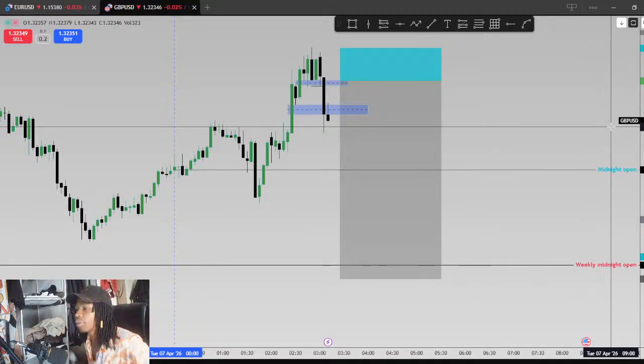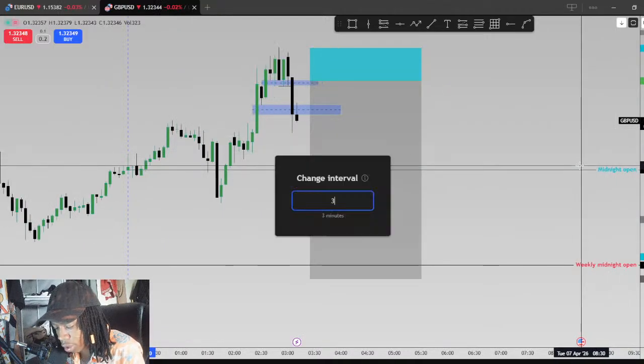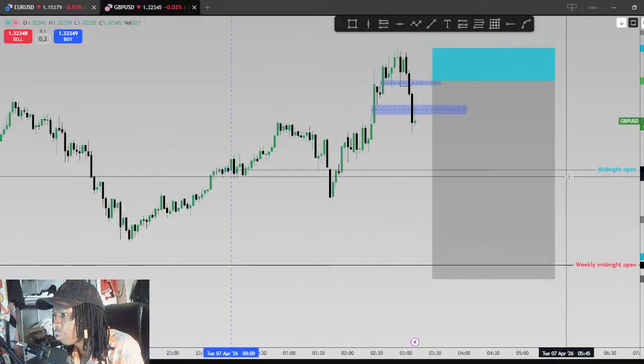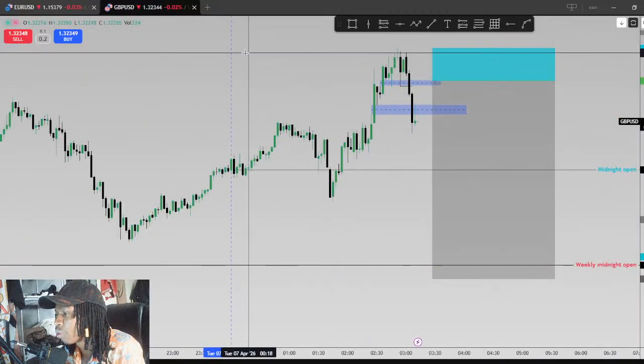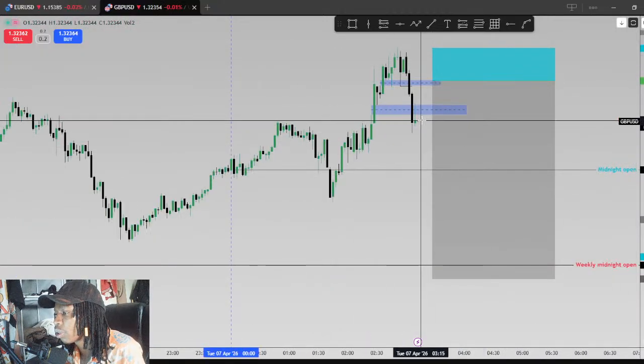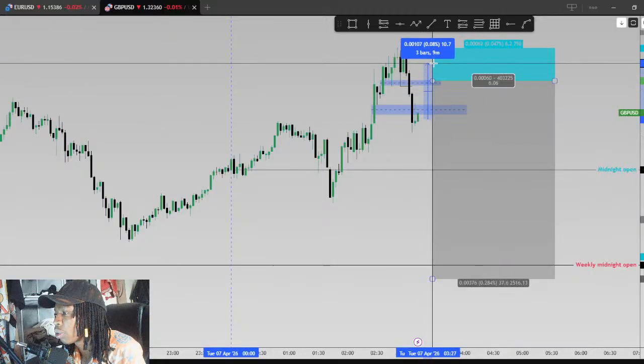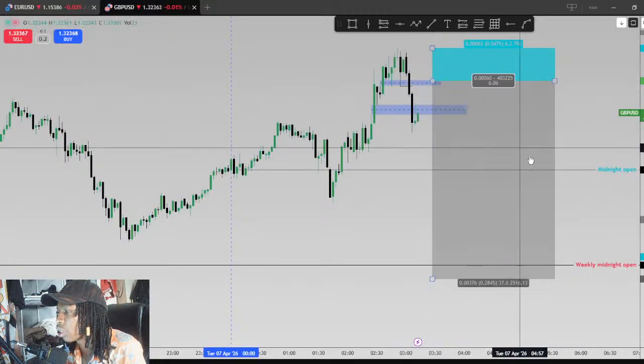Okay. What do we see here? So how much stop loss? Nah, it's so large.